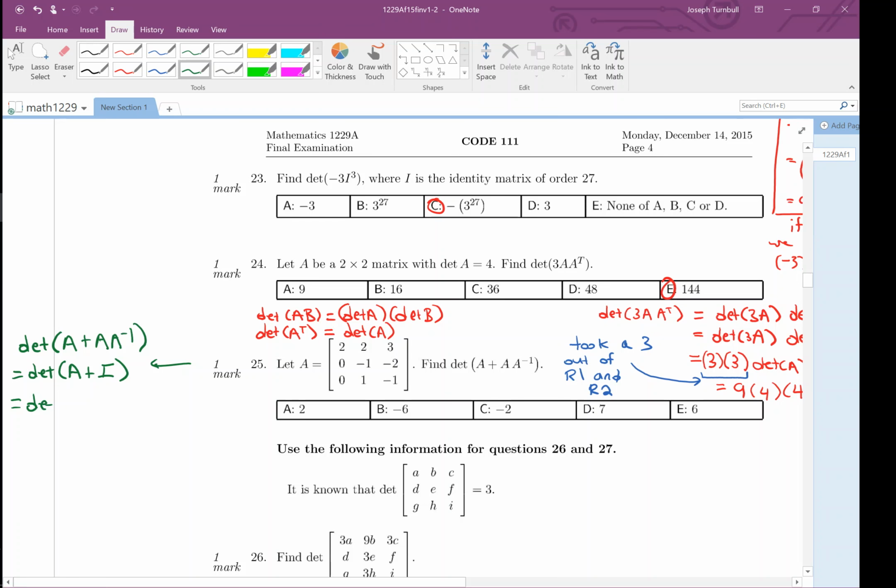So I'm going to now fill in the blanks. I'm going to put what A is. A is 2, 2, 3, 0, negative 1, negative 2, 0, 1, negative 1. And then we're going to add the identity matrix to that. 1, 0, 0, 0, 1, 0, 0, 0, 1. So that's the determinant of.